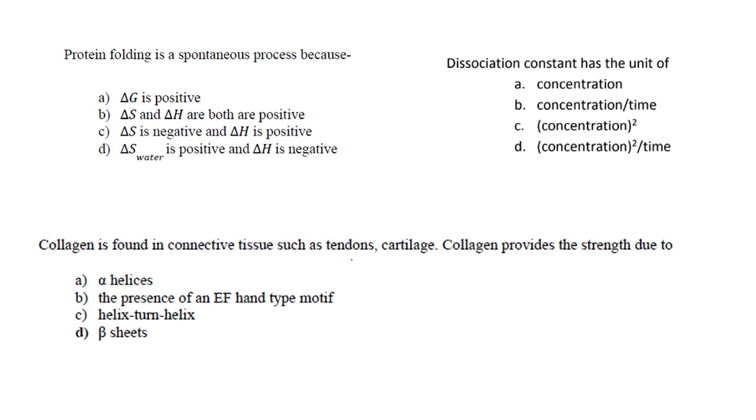It is a spontaneous process because your delta S of water, what happens in protein folding, there is a hydrophobic collapse of the polypeptide chain that leads to increase in the entropy of water. So your delta S water becomes positive and change in enthalpy is large and negative because hydrogen bonds, electrostatic interactions and your van der Waals interactions contribute to enthalpy. So the protein folding is mostly determined by or controlled by your enthalpy. So D is the correct option.